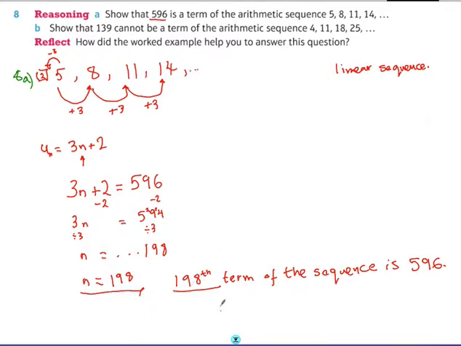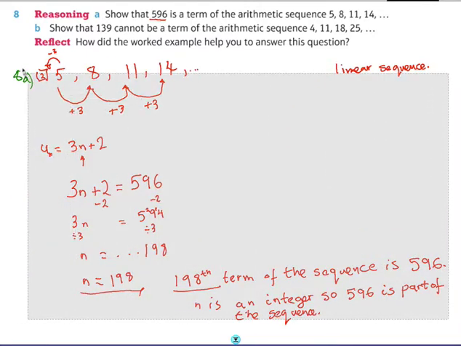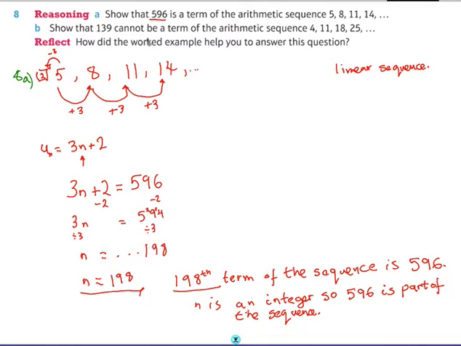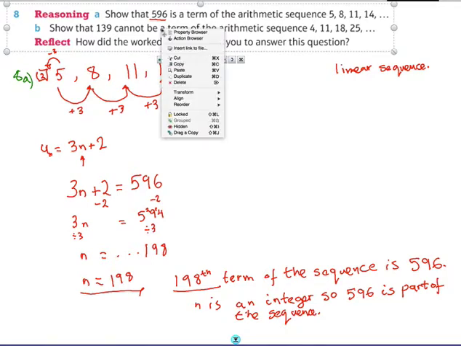Since n is a whole number, n is an integer, 596 is part of the sequence. And done. We've answered part A. Let's move on to part B.